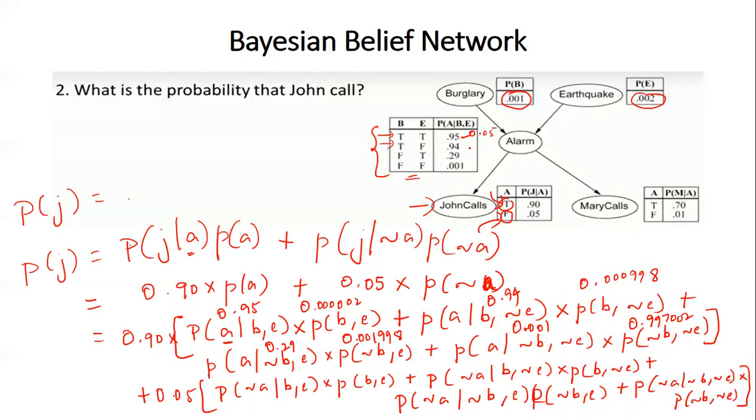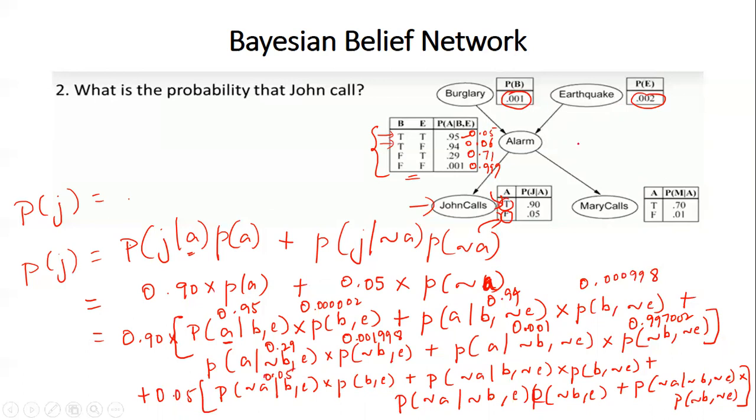Similarly, the probability of not having an alarm given that there is a burglary and no earthquake is 0.06. The probability of not having an alarm given no burglary but an earthquake is 0.71. And given no burglary and no earthquake, it is 0.999, right? So from this table we have to take them. So the probability of not having an alarm given burglary and earthquake is 0.05.